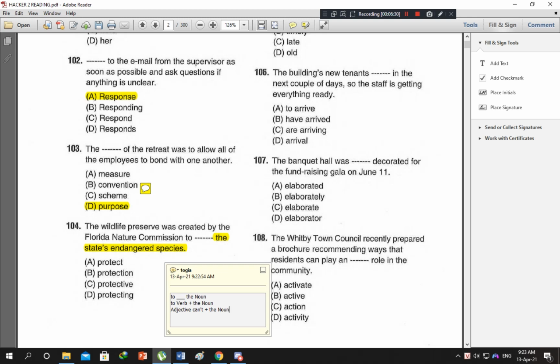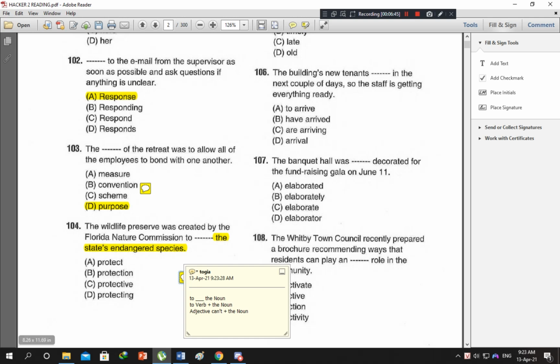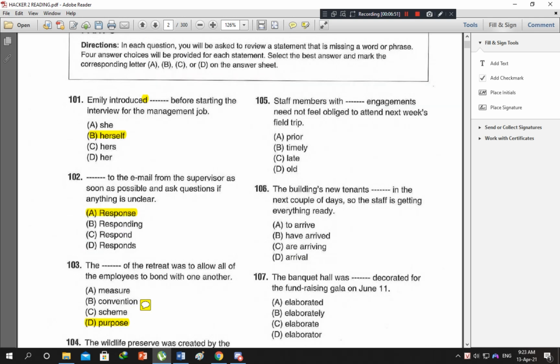For example, you cannot say beautiful the girl. It's wrong. You have to say the beautiful girl instead. So that's the reason why in 104 we're going to need to use a verb. After to is the verb infinitive, so we're going to use protect. So the answer is A, to protect.